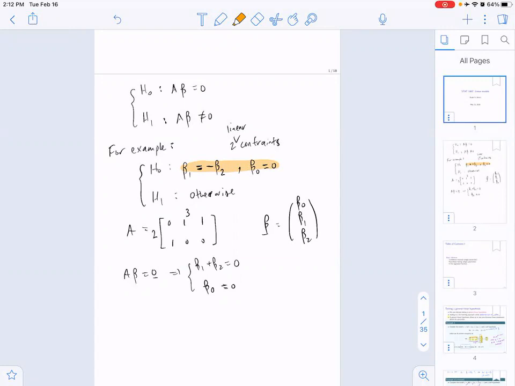Anyone? Why can't I use what we developed so far to deal with this problem? Any thoughts?